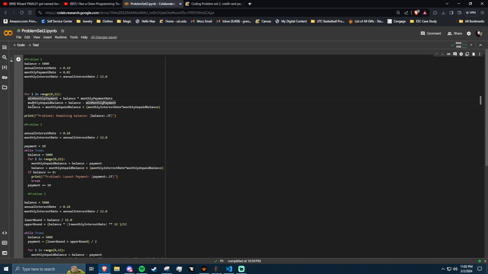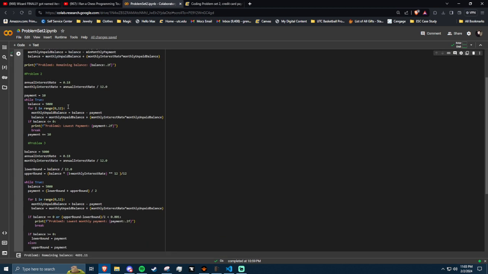So you're basically just taking off the monthly payment, and then you're going to end up with the balance after that, and this is going to run 12 times for the 12 months in a year, and then it's going to print out your remaining balance after that. So it's going to basically just take off your minimum payment as the percentage, and then it's going to calculate what the minimum payment is and pay that onto the credit card.